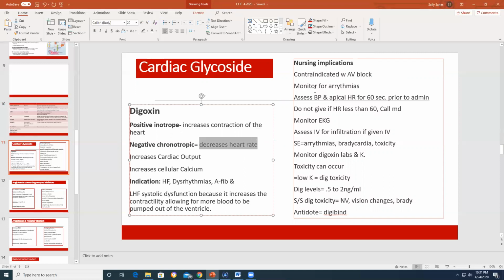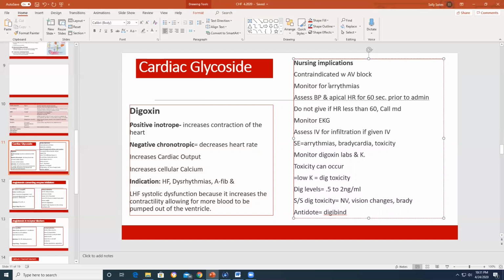Okay, so if you have something going on, don't think about this as just an AV block. Just think about anything that the patient has that causes a decrease in heart rate already, then that might be contraindicated. Contraindicated doesn't mean that we can't use it. It means that we need to use it very cautiously.